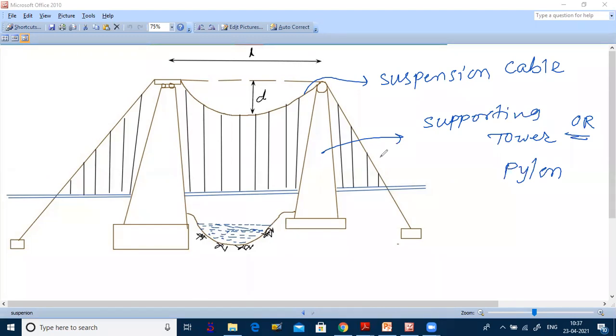This is the suspension cable and this is called an anchor cable. Suspension cable is the main load carrying element. For that, supporting tower or pylon, and this for anchoring cable. This is your roadway or road.